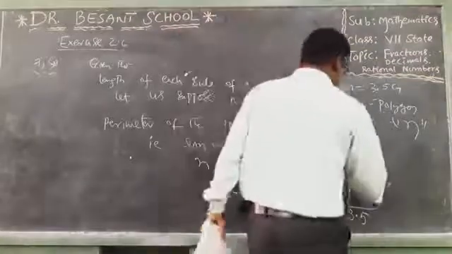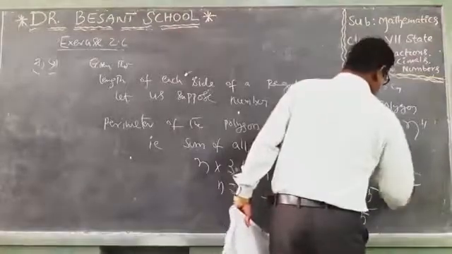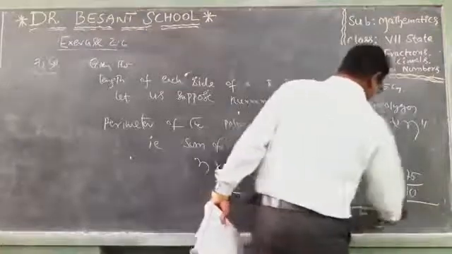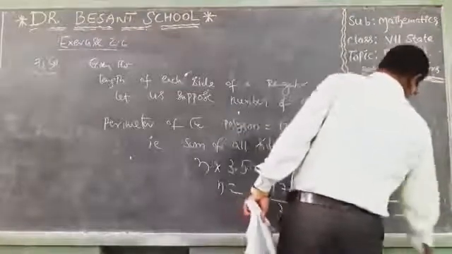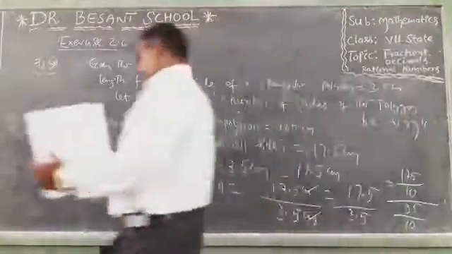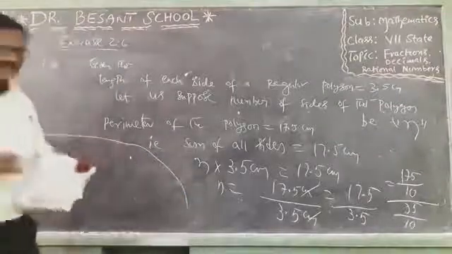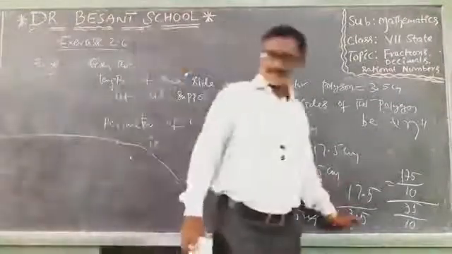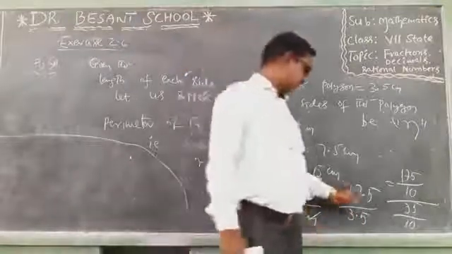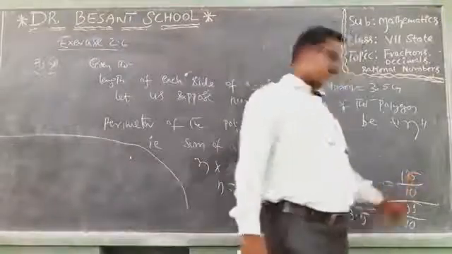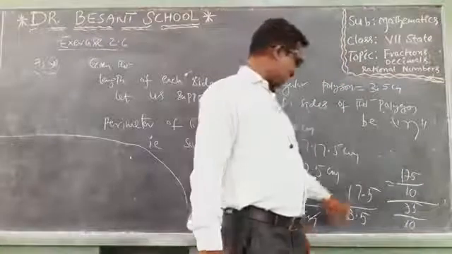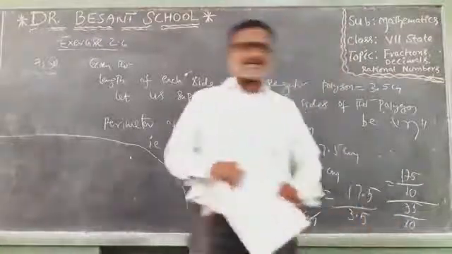How will we write 17.5? 175 by 10. How will you write 3.5? 35 by 10. Are you following, children? I am doing the continuation in this box. We got 17.5 by 3.5. 17.5 can be expressed as 175 by 10. In the same manner, 3.5 can be written as 35 by 10.